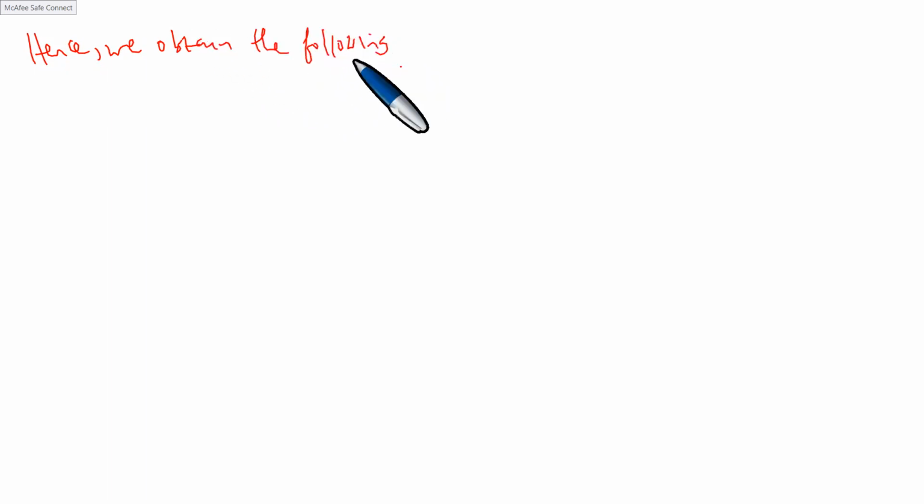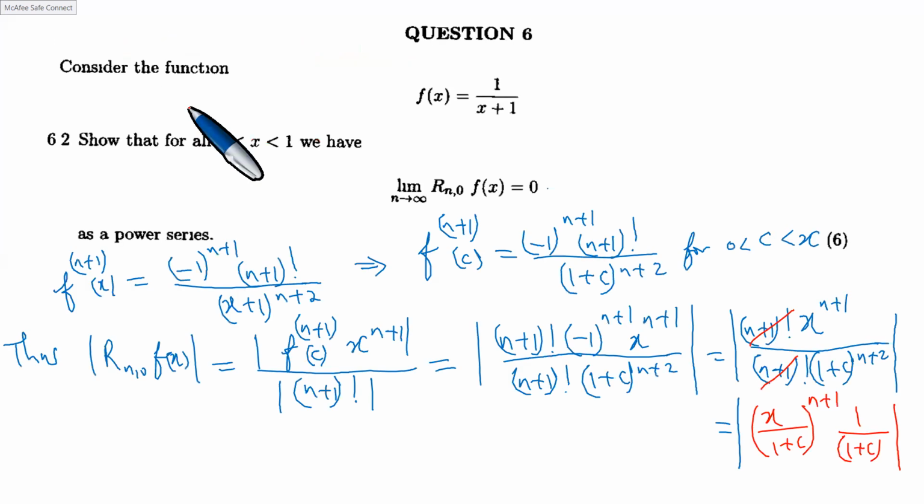Hence, we obtain the following. Right, so we obtain R n at 0 of f of x, which is equal to what we got on the previous page. That one.